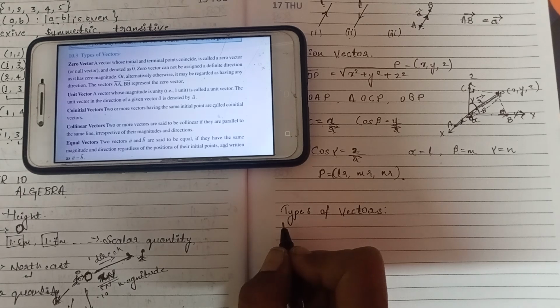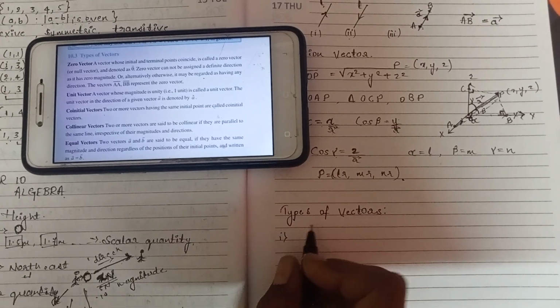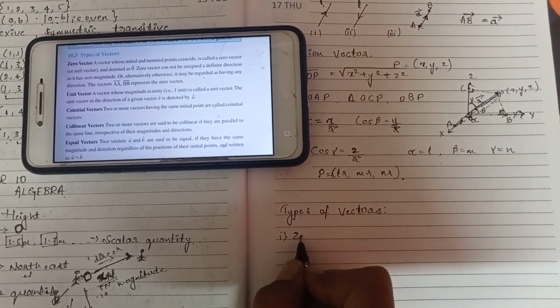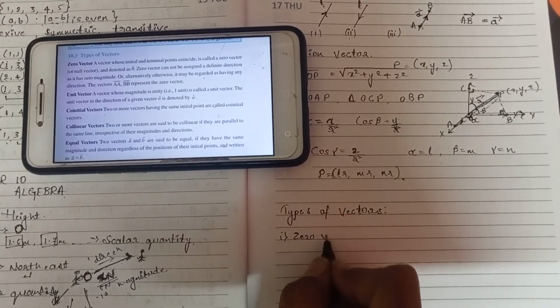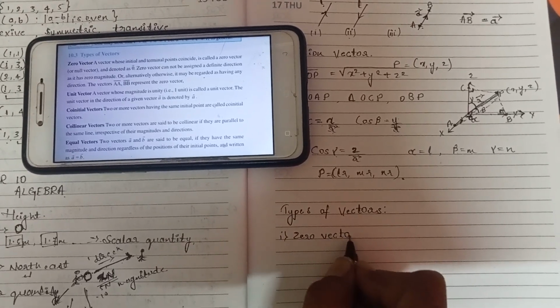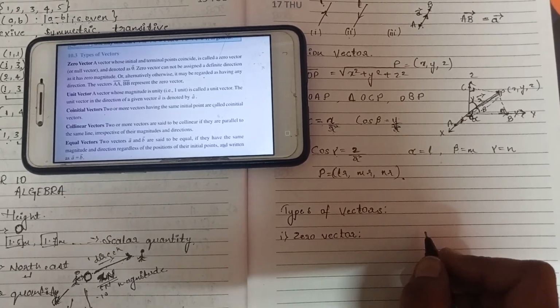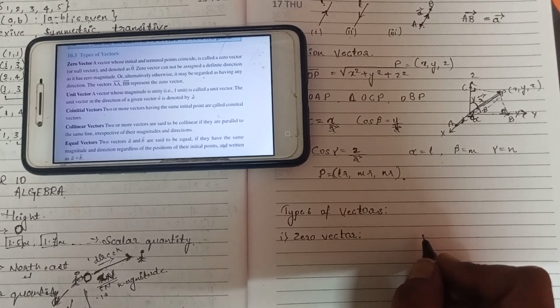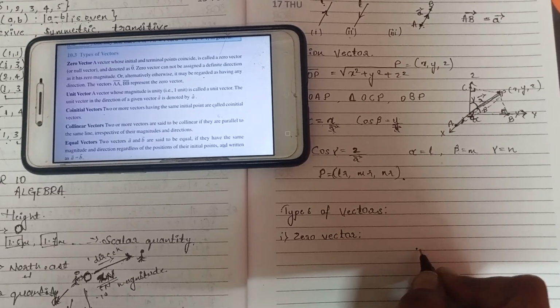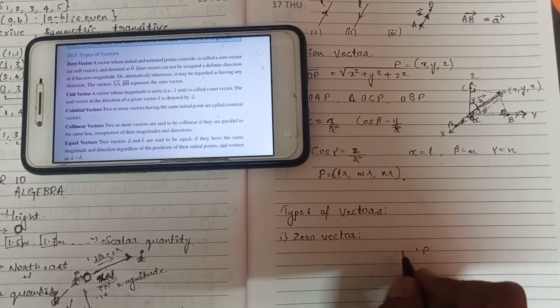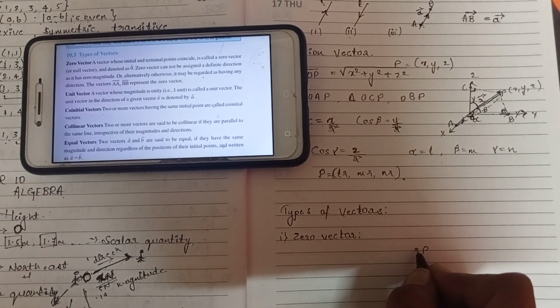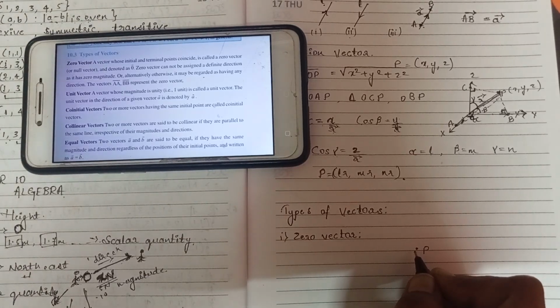So now the first type of vector is the zero vector. What is a zero vector? Let's take this point P, and this point is having the same initial point and also the same terminal point, that is called a zero vector.